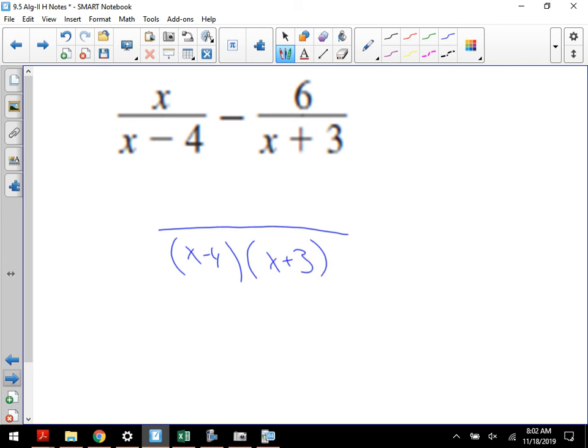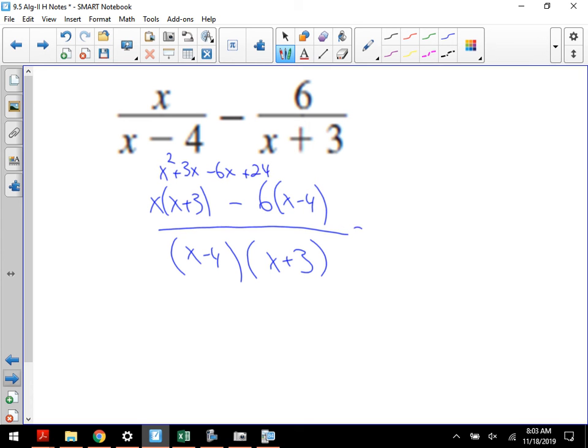Fraction on the left needs x plus 3. Fraction on the right needs x minus 4. Okay? Always simplify your numerators. Don't multiply out the denominators. So you have x squared plus 3x minus 6x plus 24.